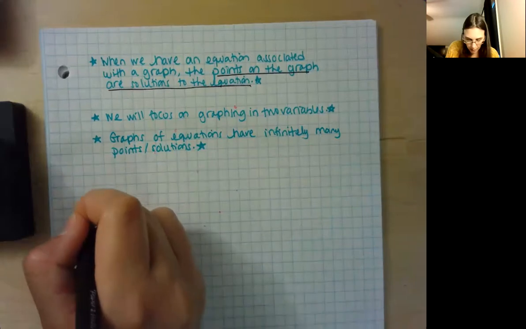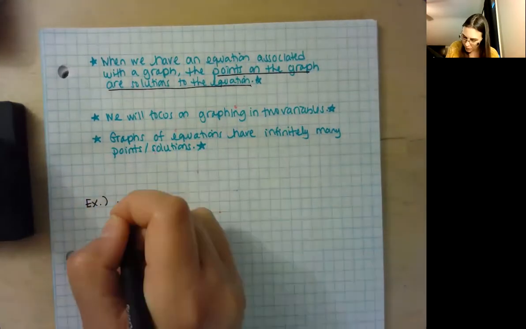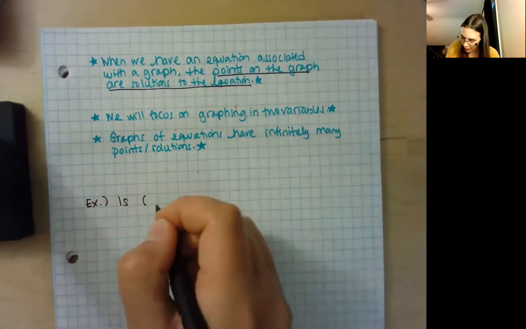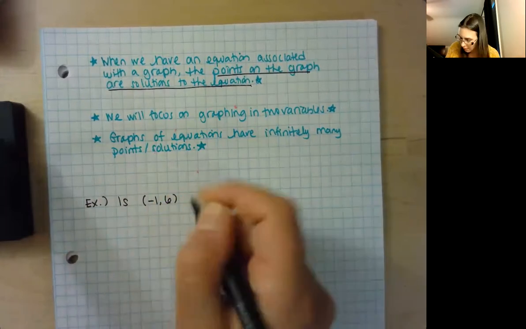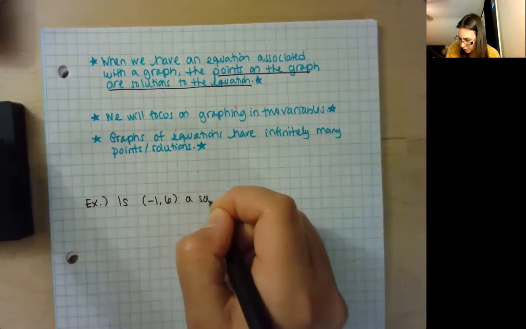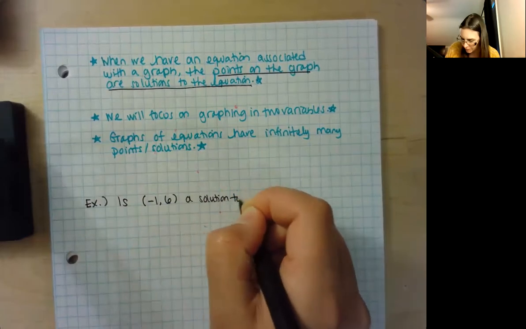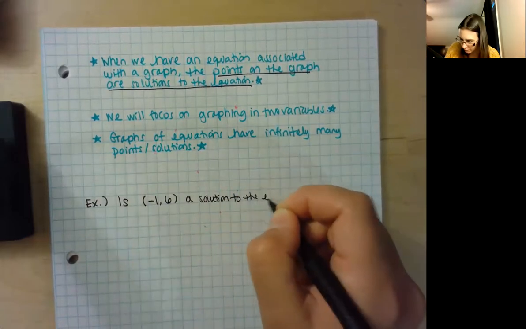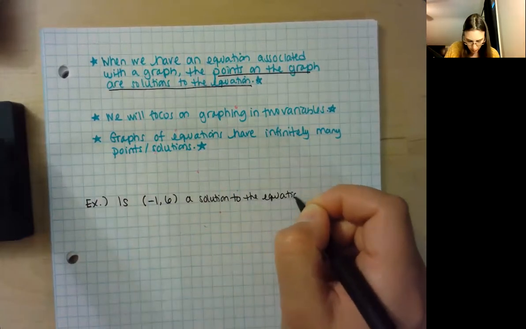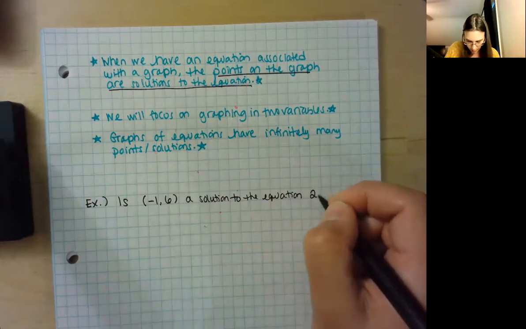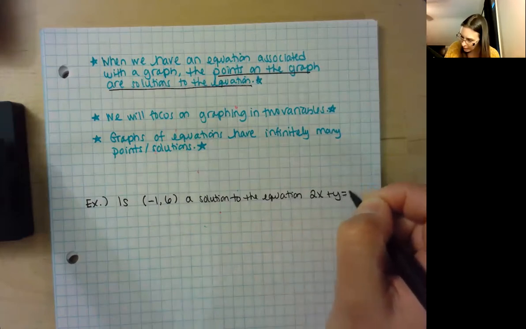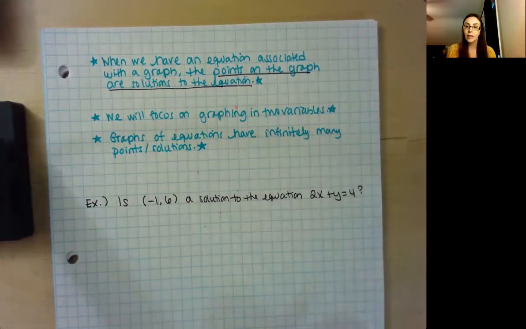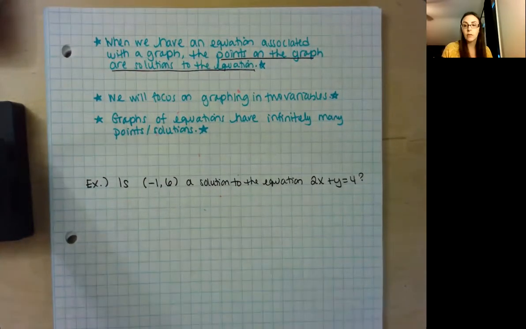So, all right, let's try an example here. Is the point (-1, 6) a solution to the equation 2x + y = 4? And I want you to think back to what we already know about solutions. It's the same definition.